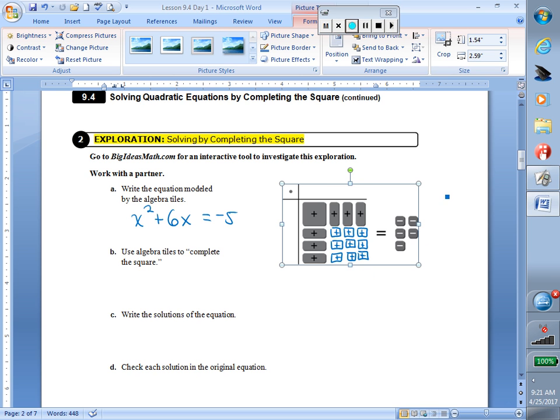If I put 9 tiles on the left side, that means I also have to put 9 positive tiles over on the right side also. Whatever I do to one side of the equation, I have to also do to the other.